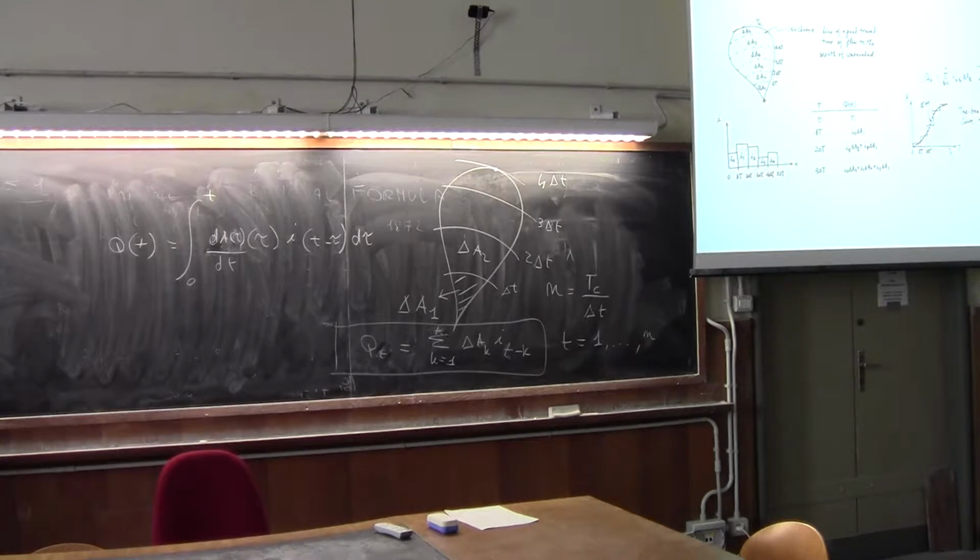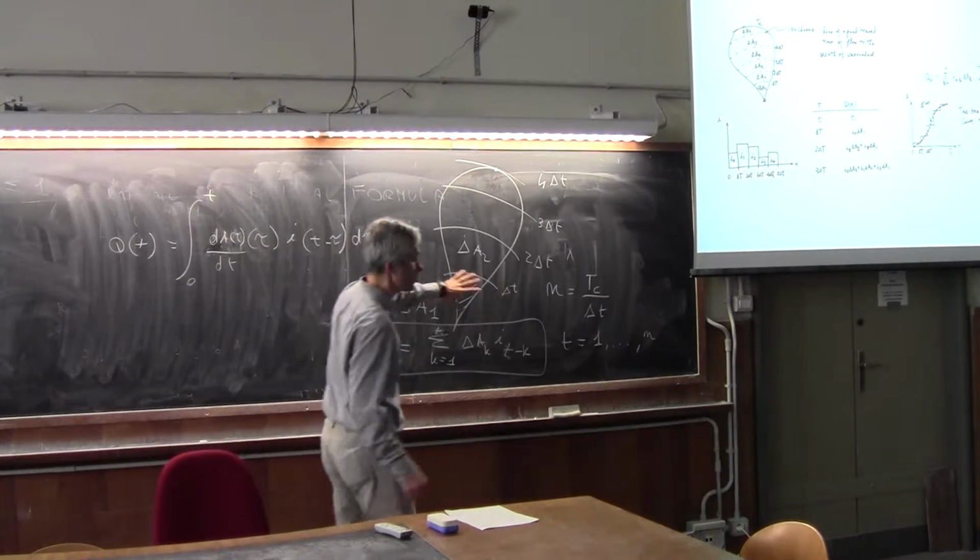It is given by delta A1 times I1. Again, this is not the river flow that you get exactly after 1 hour. It's an average in the first time step. Okay, so I got all the drops that fell into the first hour, multiplied times the area that contributes to the river flow in the first hour.